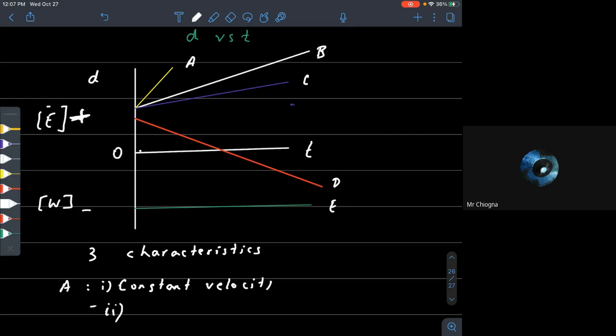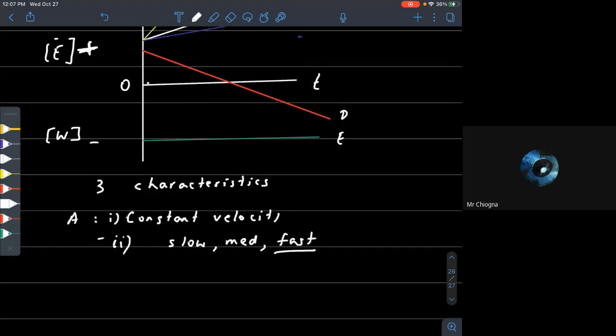Yeah, it's a greater slope. So you have to express either slow, medium, or fast. You have to express one of those three. This is obviously fast compared to the others. It's all relative. So you'd say it's a fast velocity. That's the second characteristic: slow, medium, or fast.